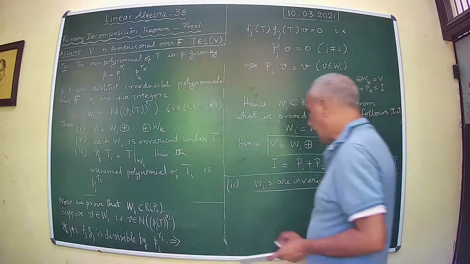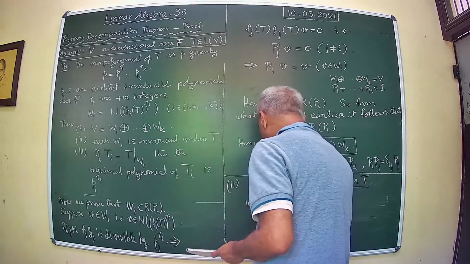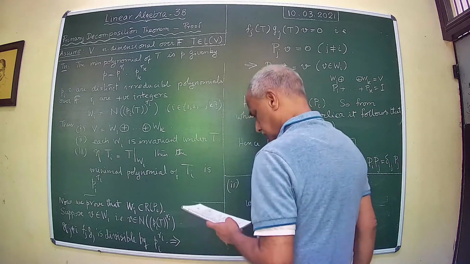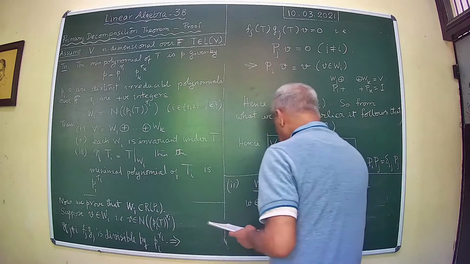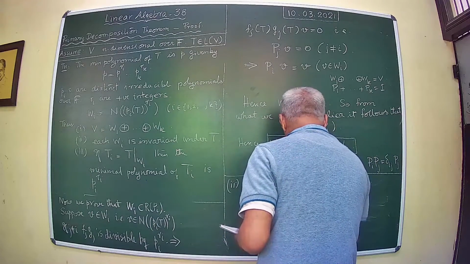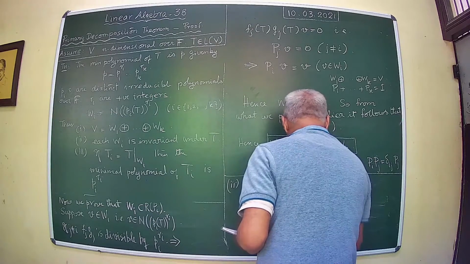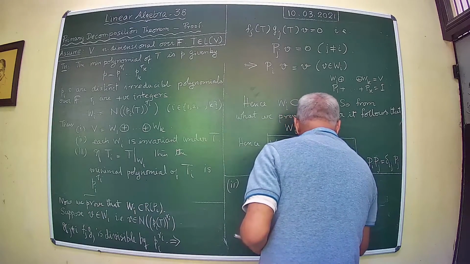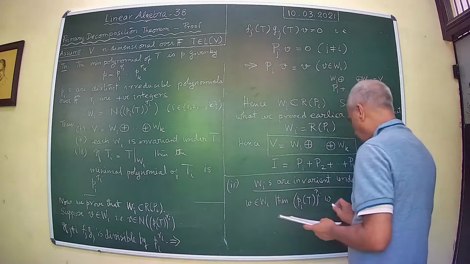Now you start with this w belonging to the Wi, then you know that Pi to the power ri of w is 0.